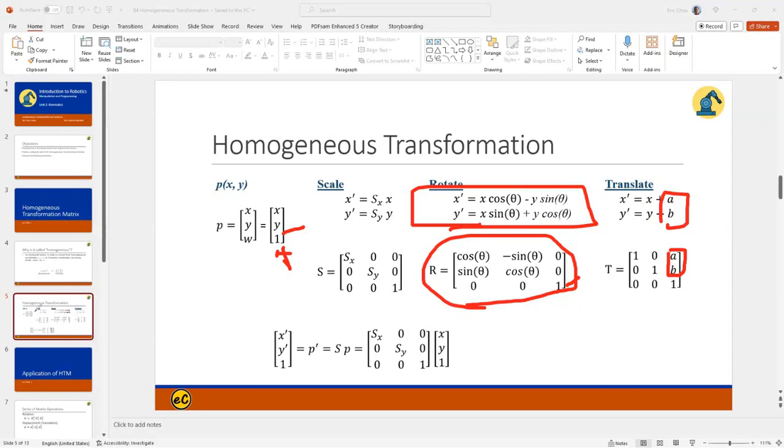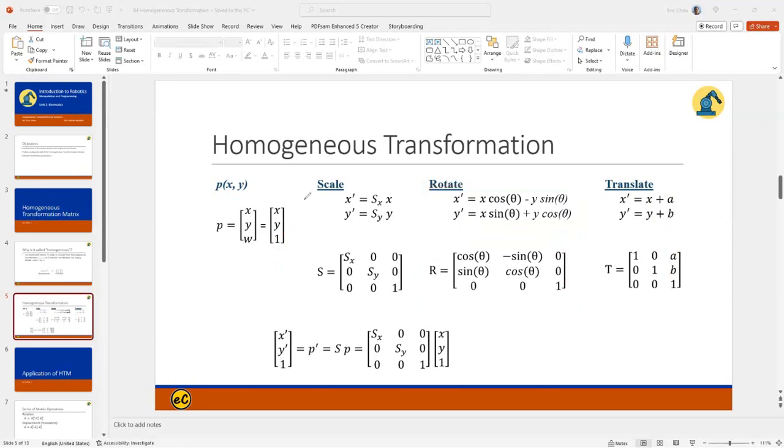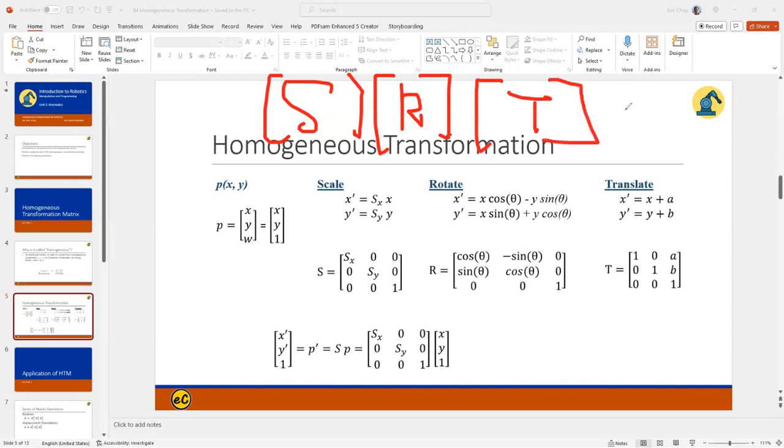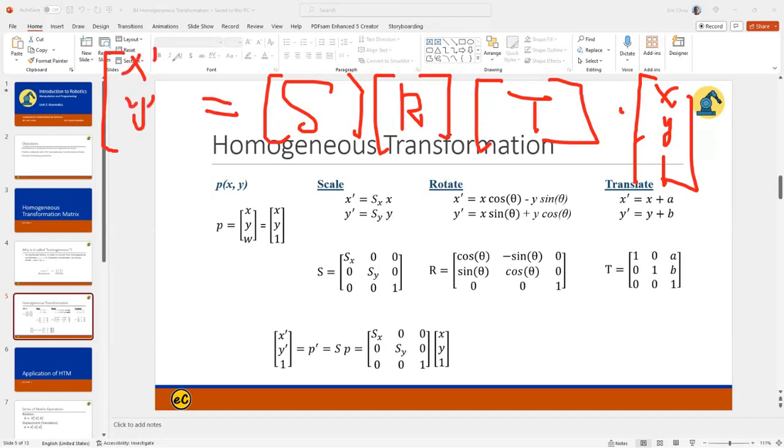So what's this for? This just tells you that if you have a whole combination of everything, rotate, translate, and scale, you can put a scale matrix times the rotational matrix times the translation matrix times your original vector XY and 1 more dimension with 1. This will give you the new combination of X prime, Y prime, and 1.